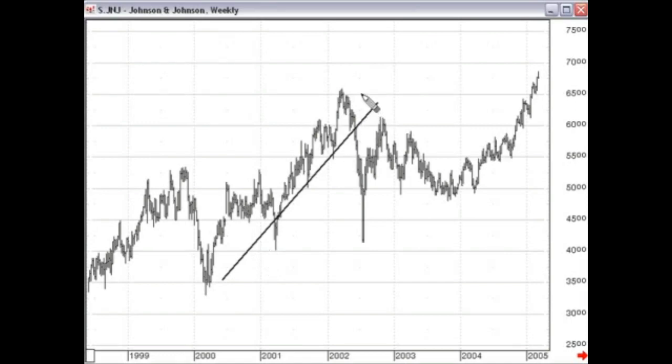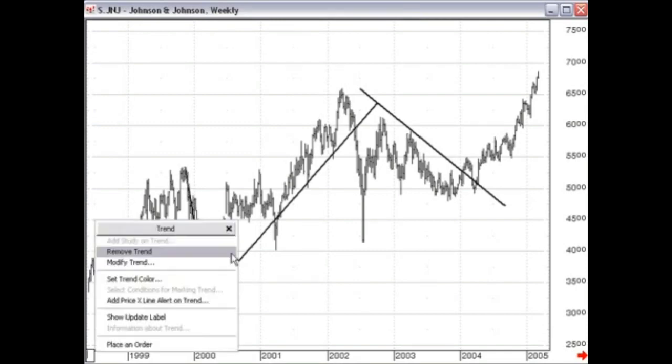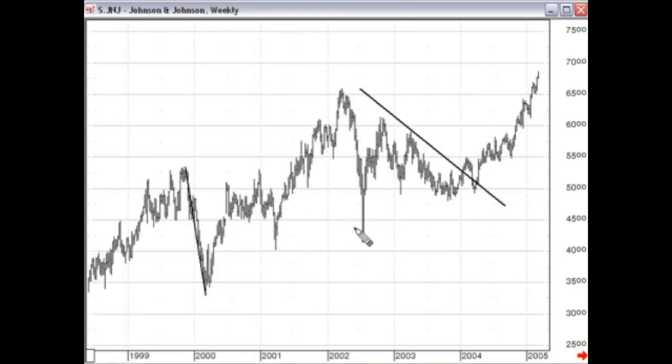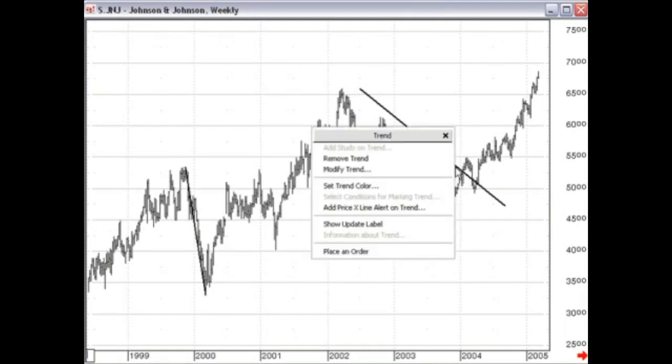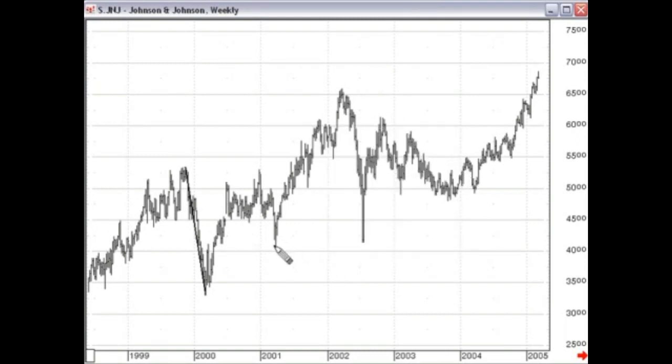If you have a downward sloping trend line, it lets you know that the bears are in control. Moreover, the actual angle or slope of a trend line can determine whether or not the market is extremely optimistic, as it was here, or extremely pessimistic, as it was here.